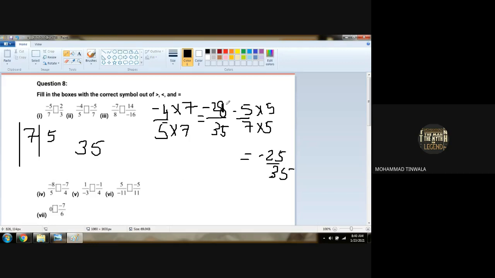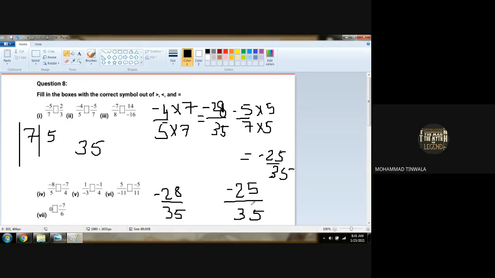So minus 28 is greater or minus 25 is greater? 25. Sufyan, is it 25? Yes, it is 25. You spoke 25.